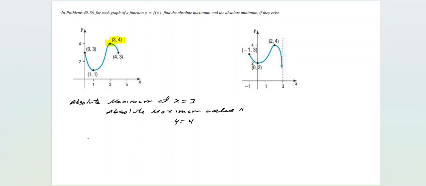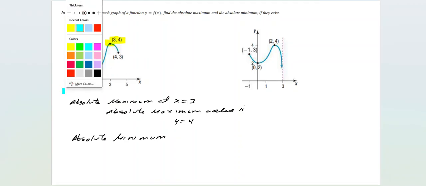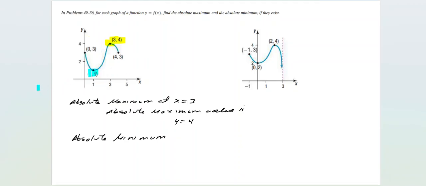Now, let's see about the absolute minimum. Well, in this case, we also have an absolute minimum, and this absolute minimum will obviously be this point over here. So you have your absolute minimum at x equals 1, and the absolute minimum value is also 1.